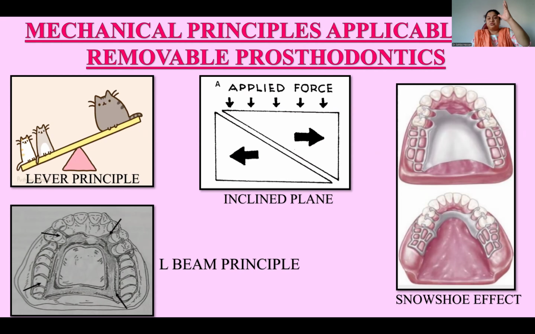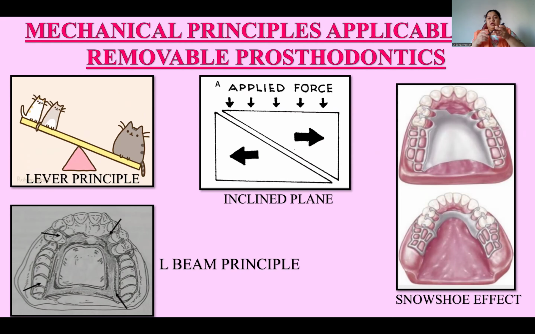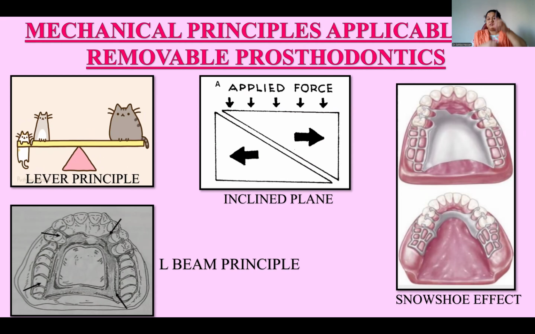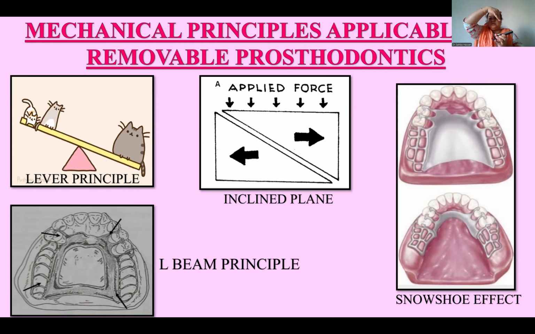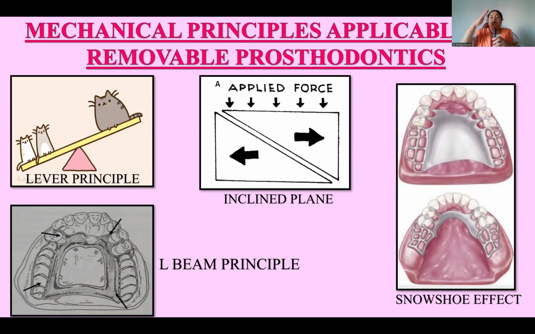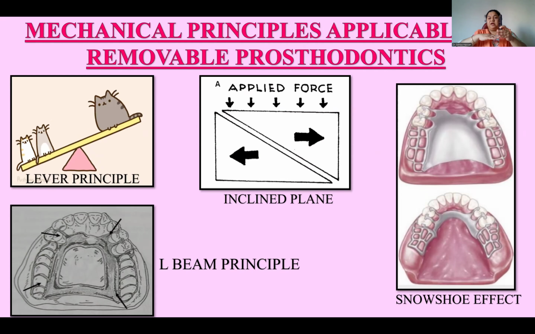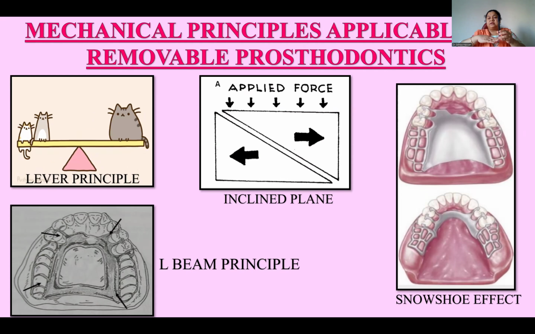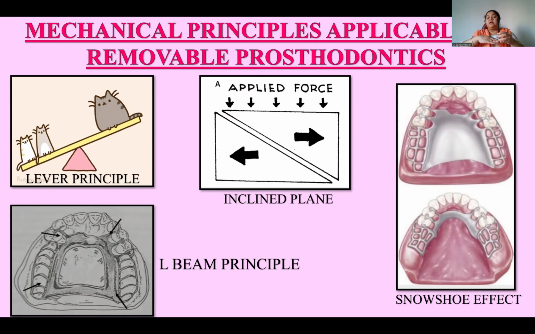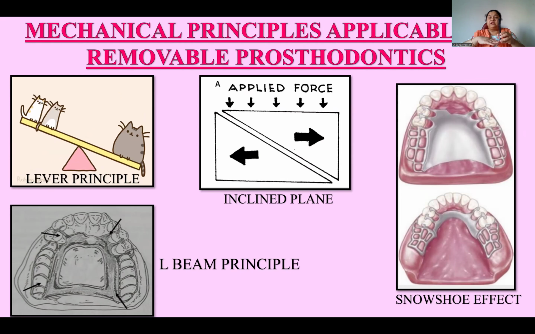L-beam is nothing but what you see in pillars. If the pillars are just straight, any force can act on them this way or that. But if the pillars are shaped like this, and force is acting here, that is the L-beam effect. So there won't be any damage to the prosthesis. They will take up the forces.